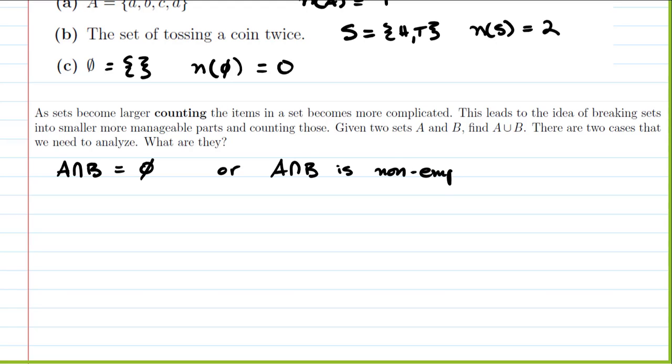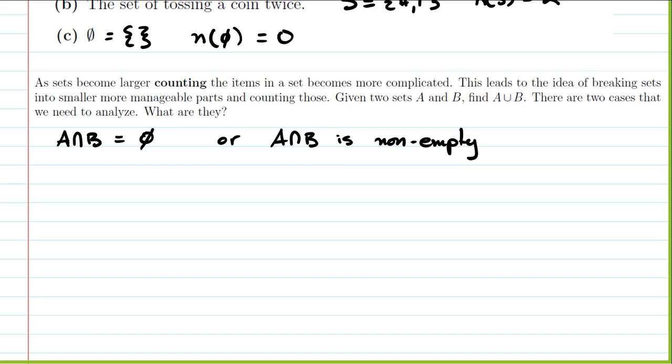The reason for this is that when we union two sets together, we're saying all the things in A or all of the things in B. If A and B share elements, would I just be able to add together the number of things in A and the number of things in B? The answer is no, because the union says we only list them once, which would lead to overcounting.